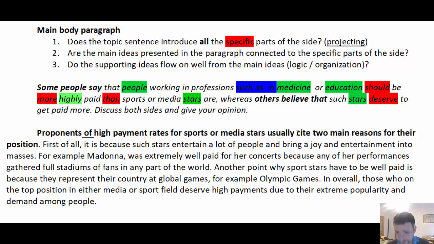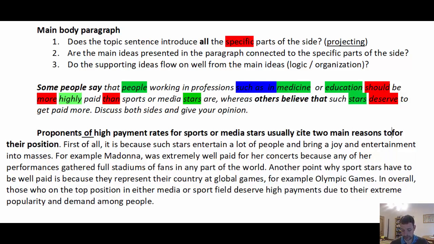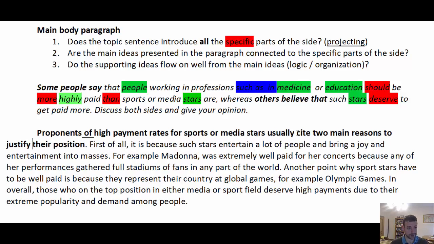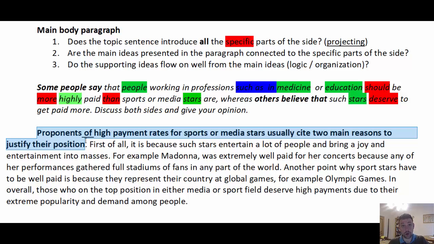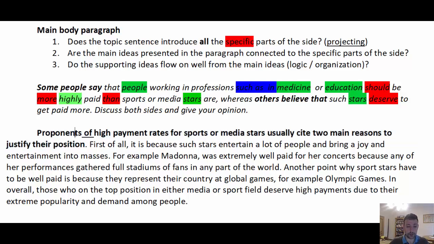Okay. Reasons to justify. That's even better. So you have to change the structure. But what was there wasn't wrong. It was okay. But previously we had those who, to avoid that repetition. To justify the position.